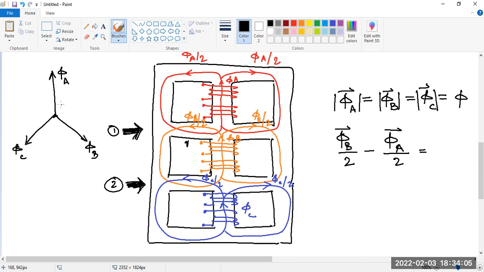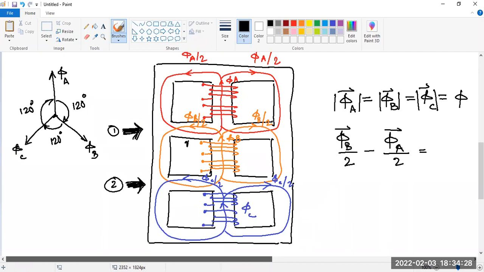Okay, so what is the angle? 120 degree. So everywhere it is 120. Now how can we write this expression in terms of phi?